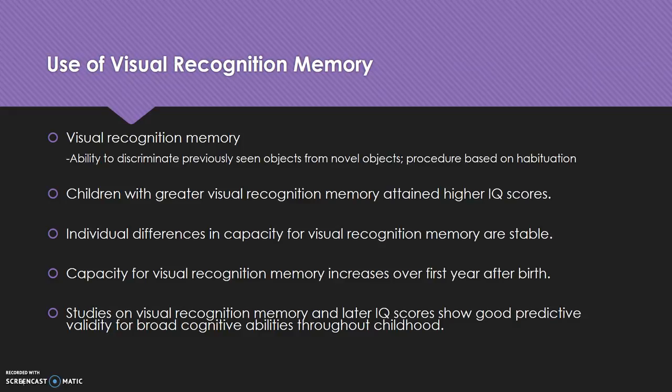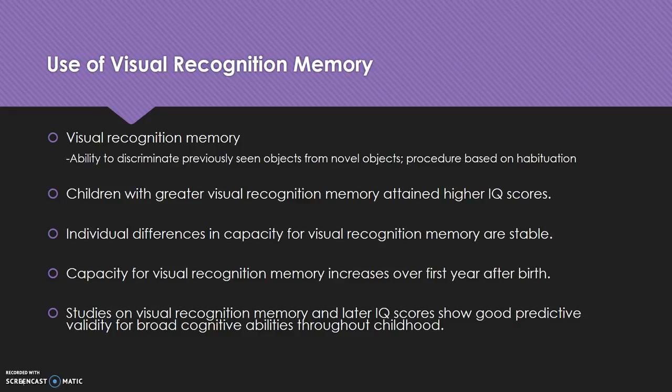Now, later on, from ages 1 through 6, they were given an IQ test every year. And what they found was that children who showed greater memory of the faces they were shown at 7 months tended to have higher IQ scores.